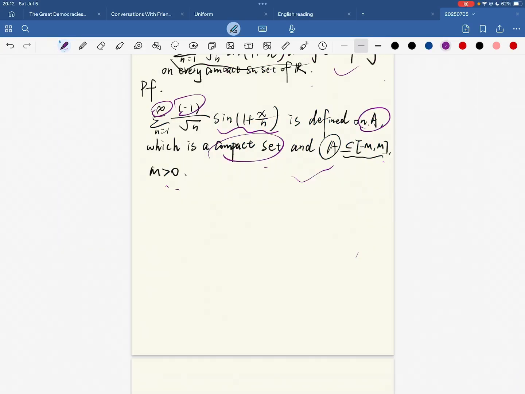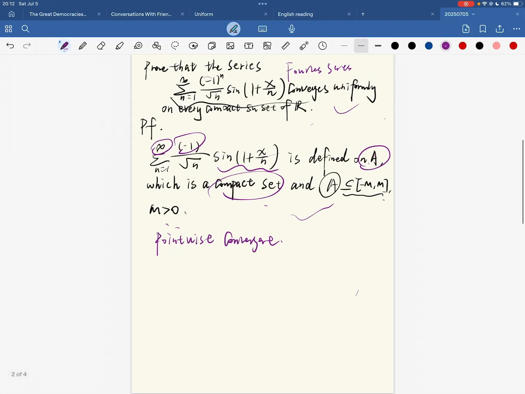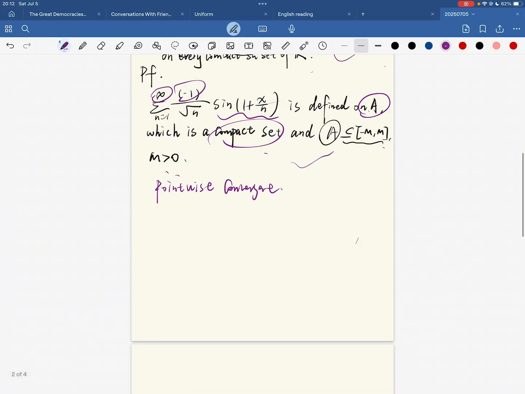And then let's begin with the proof of the pointwise convergence. It is an alternating series, and another way to think of it is the Dirichlet test.